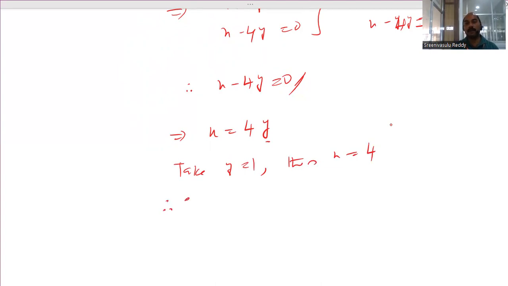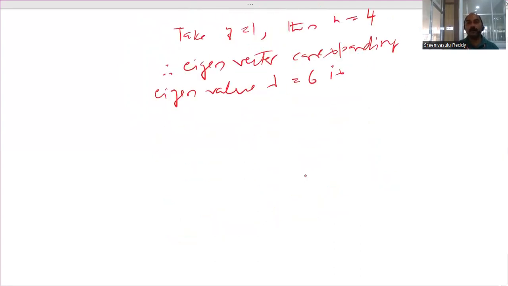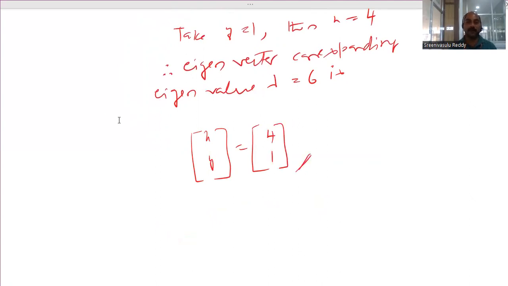Therefore, the eigenvector corresponding to eigenvalue lambda equal to 6 is the column vector, where x value is 4 when y value is 1. That's all. You write down any one, enough.